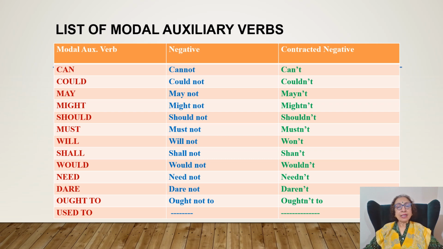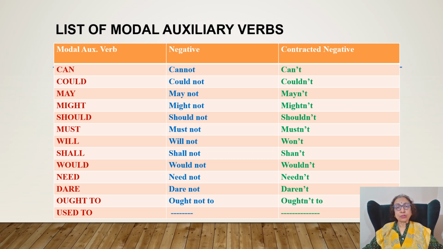So we have can, cannot, can't. Could, could not, and couldn't. May, may not, and mayn't. Might, might not, and mightn't. Should, should not, and shouldn't. Must, must not, mustn't. Will not, won't.